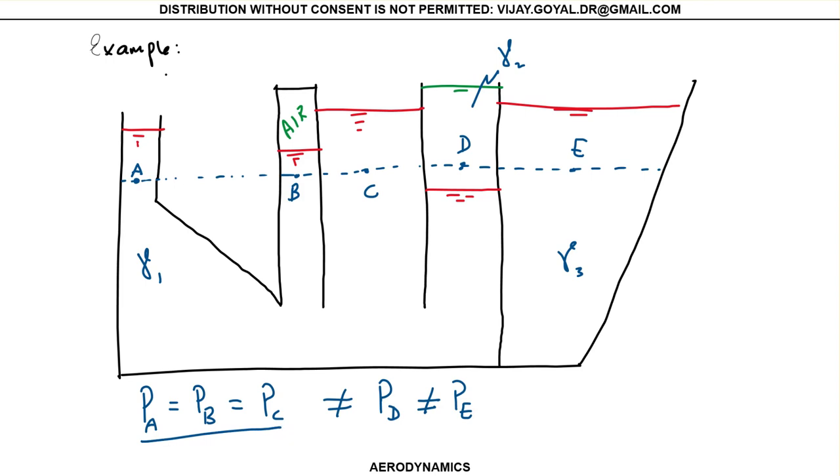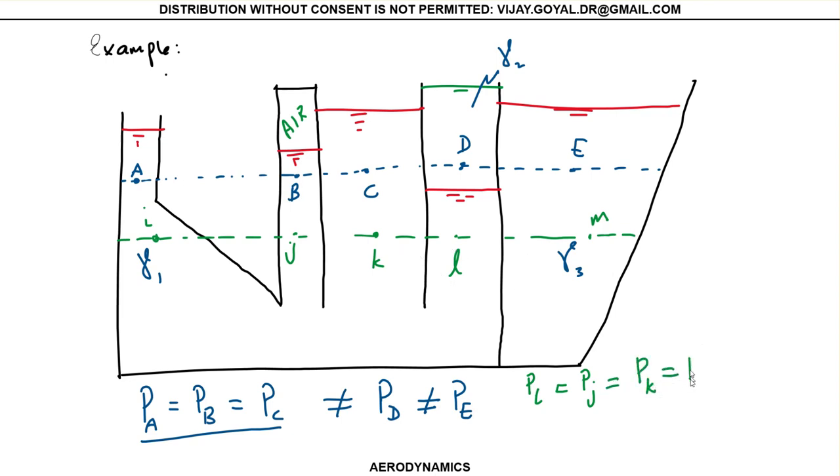And what happens if I want to find everything, let's say another point down here? Let's call them points I, J, K, L, and M. In that particular case, I can say the pressure at J will equal the pressure at K, will equal the pressure at L, but it's not equal to the pressure at M. Why?